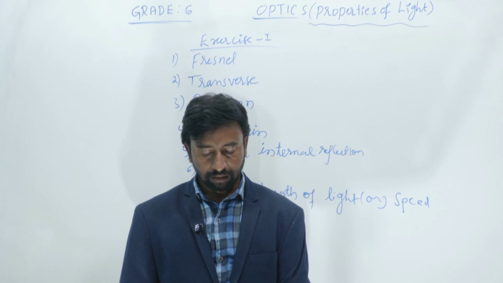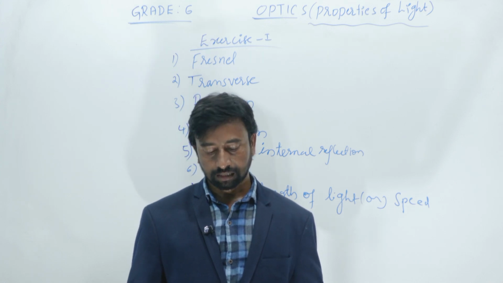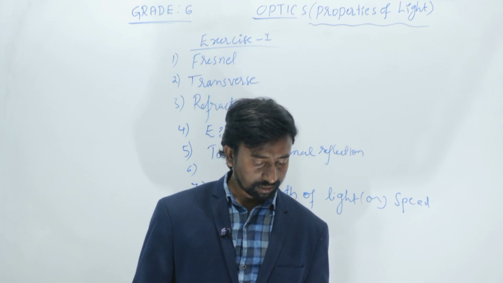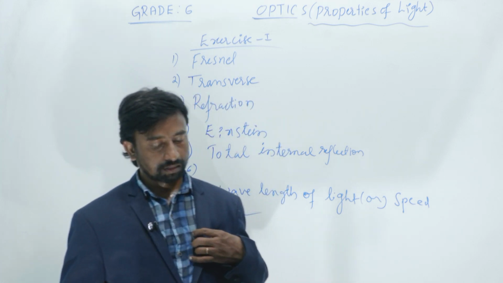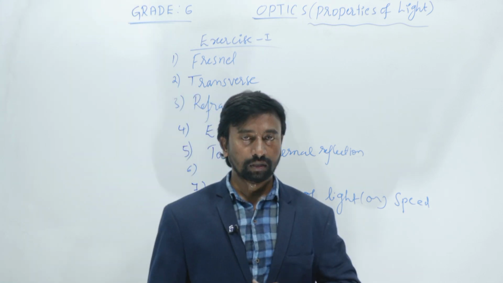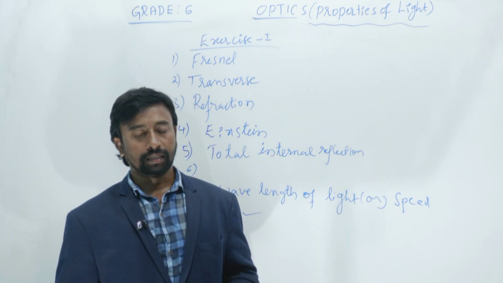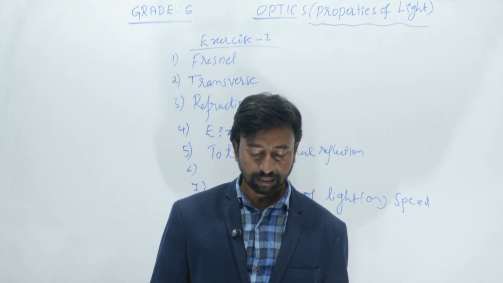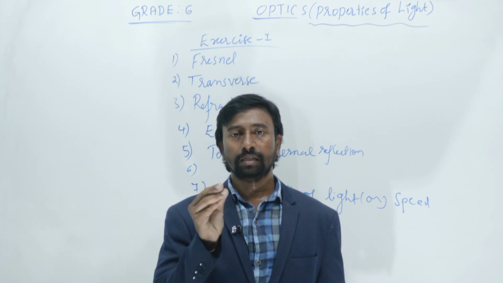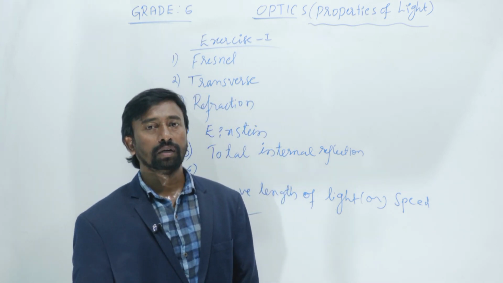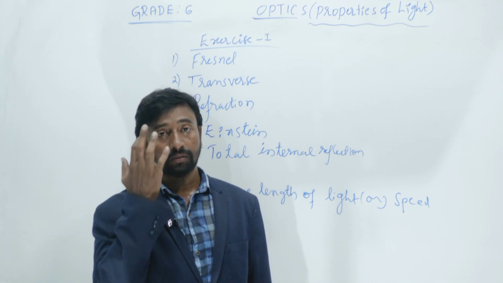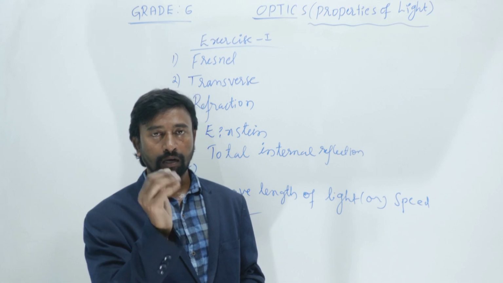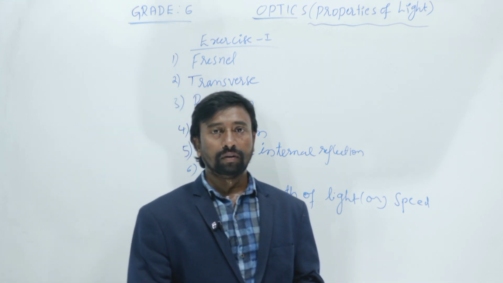So now, the developmental study of light in different periods is described. First, Newton explained the corpuscular theory of light. He explained that light travels as tiny particles, which he named corpuscles, meaning small packets of light.